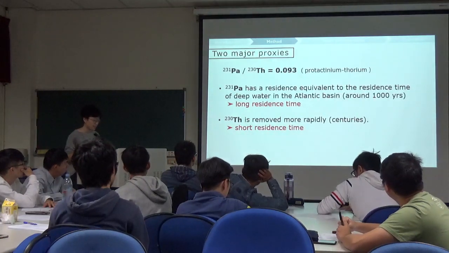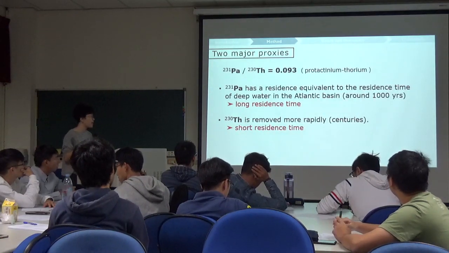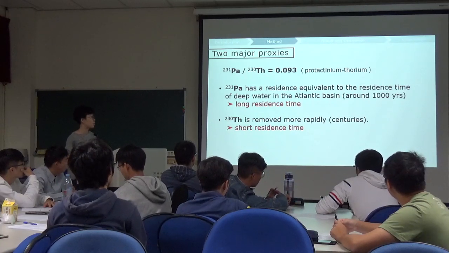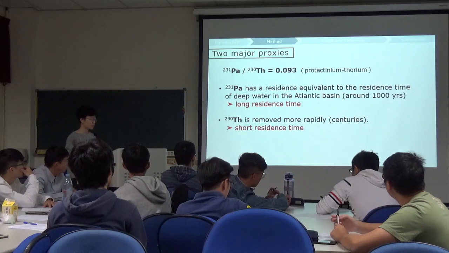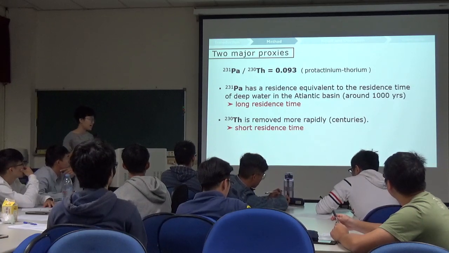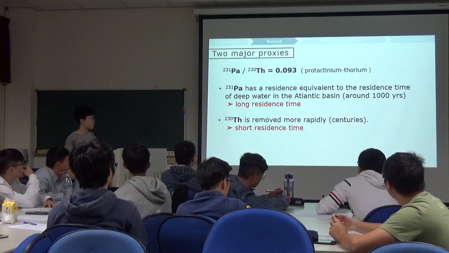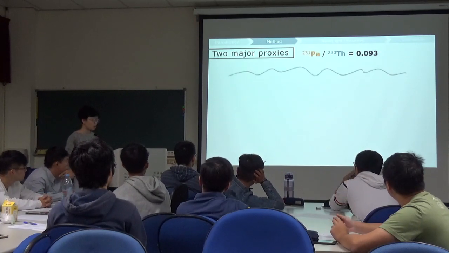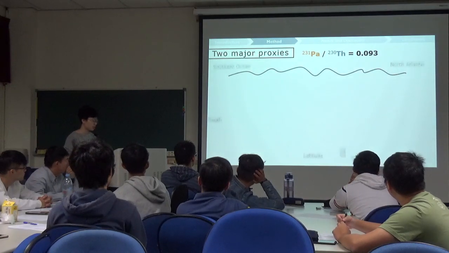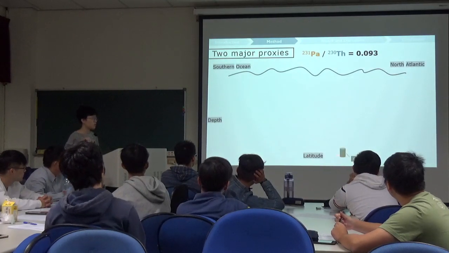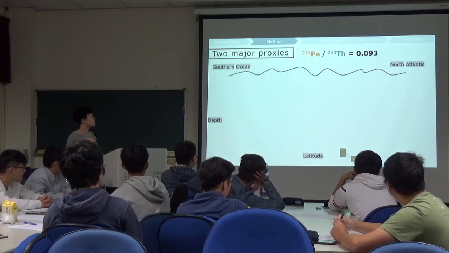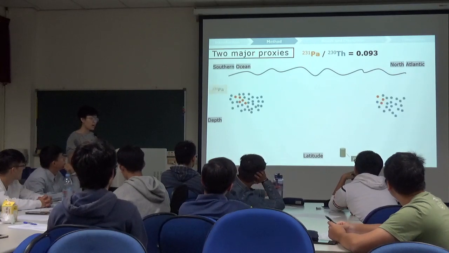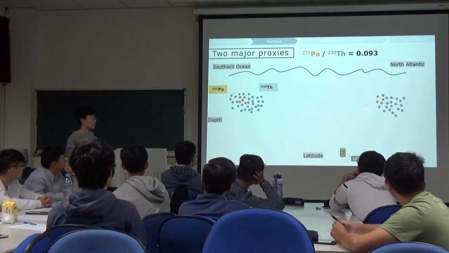Next is the protactinium-thorium value, which has a constant production ratio of 0.093. Protactinium has a long residence time, and thorium has a short residence time. In the Atlantic Ocean, this is our sediment core data, and the South Atlantic has high protactinium-thorium, and the North has low.